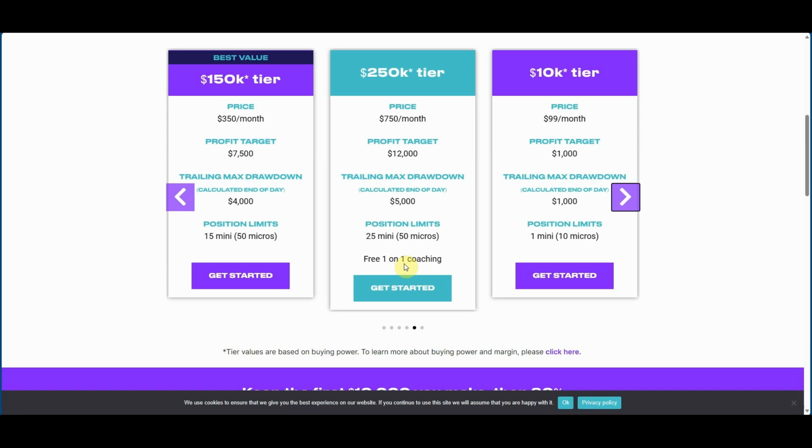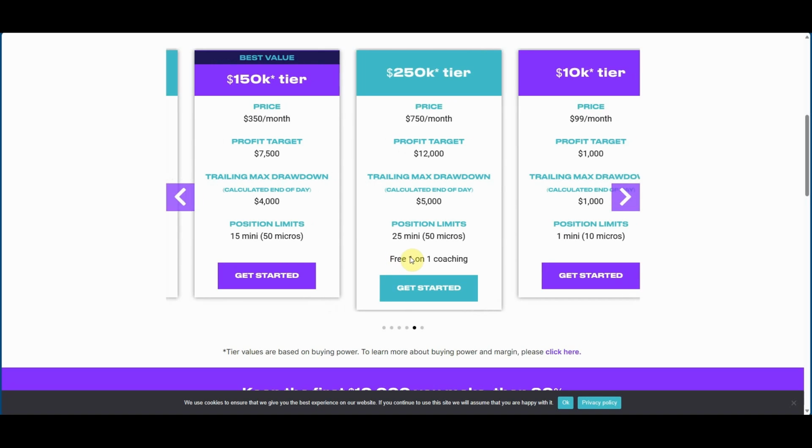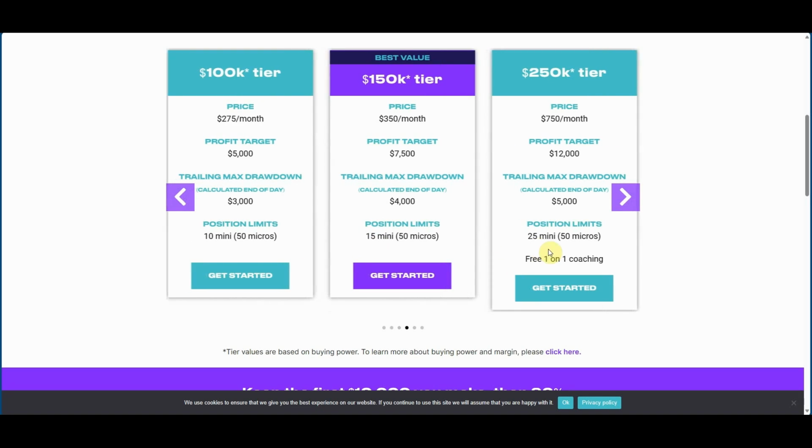It can have an impact on your physiological response. Your heart beats faster, you might start sweating, you start to rethink what you've done, you get in and out, you revenge trade, there's fear and greed. All of those things, if you have a coach, it may be what changes your entire experience as a trader.